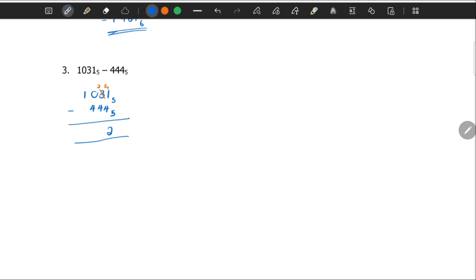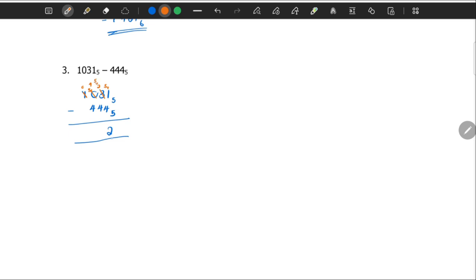2 minus 4, then it can't, so now you need to borrow from the previous one, which is a 0, so you need to borrow from this, which is going to become a 0, to add here a base 5. And then here you borrow again so that it becomes a 4, and then you add here plus 5.